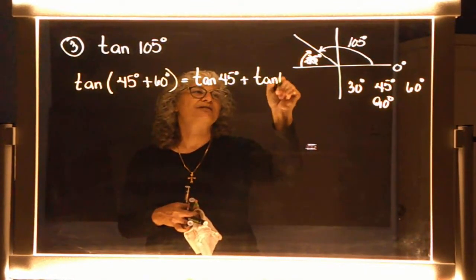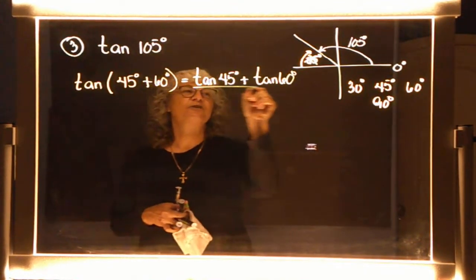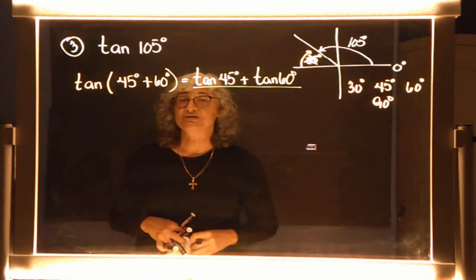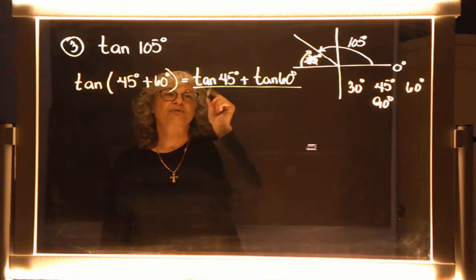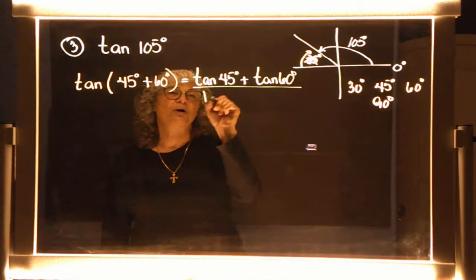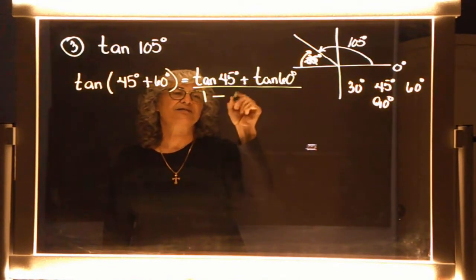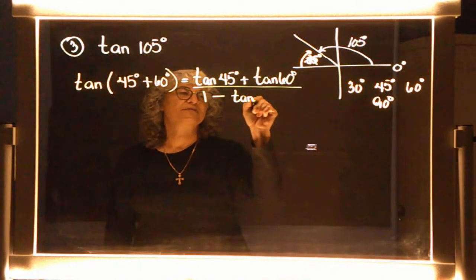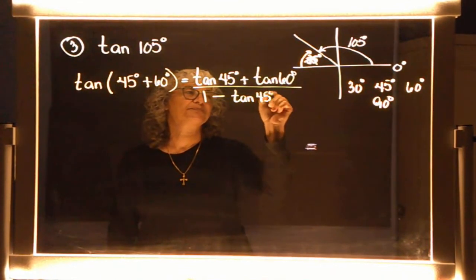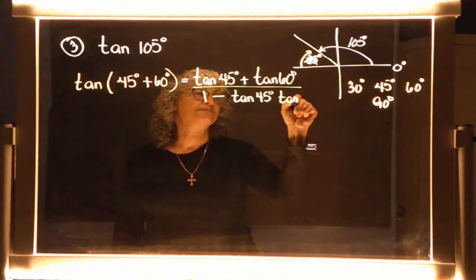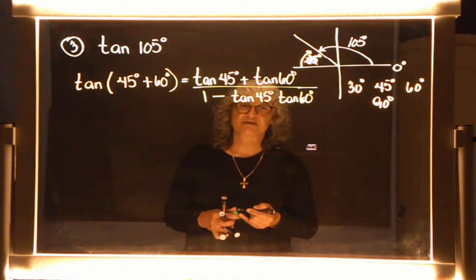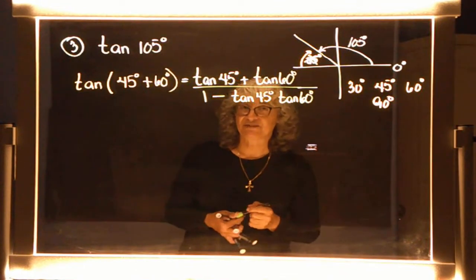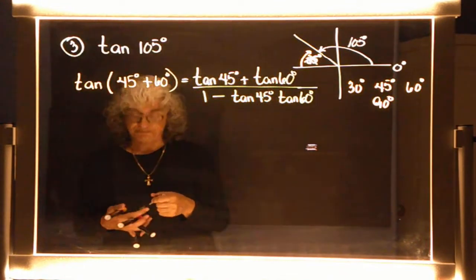And now that's where the similarity ends, because we have this funky little denominator that, unless we know where it derived from, we're like, okay, I have to remember the denominator. So 1 minus, since that was addition, the product of these two. Okay. Both of these are first quadrant angles, aren't they? 45 and 60 degrees, correct?